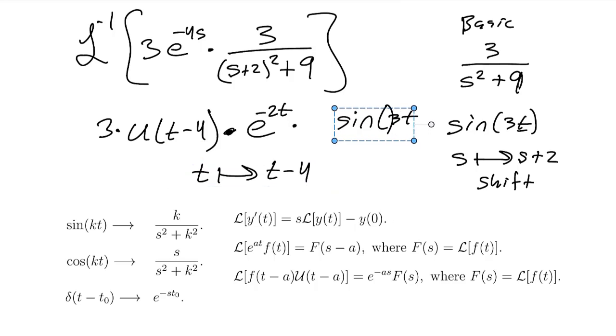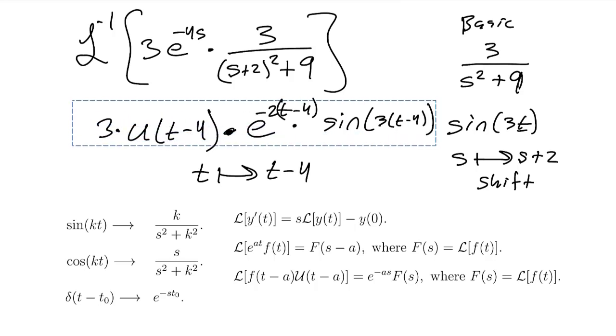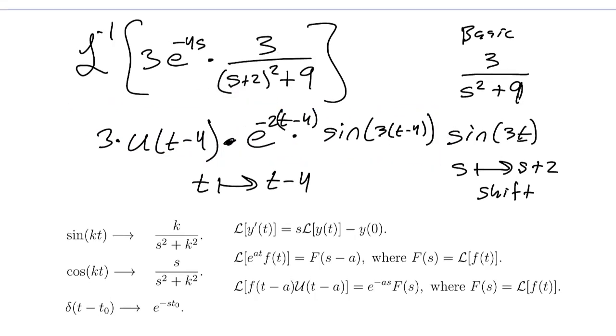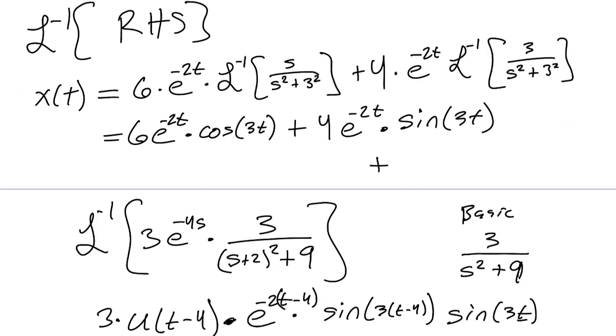So what we actually have here is e to the minus 2 times t minus 4 and sine of 3 times t minus 4. And that is the final answer for L inverse of 3e to the minus 4s times 3 over s plus 2 squared plus 9.